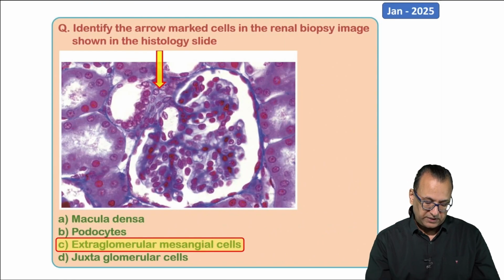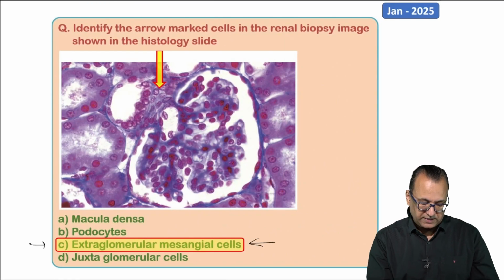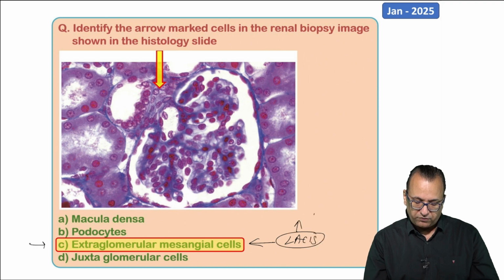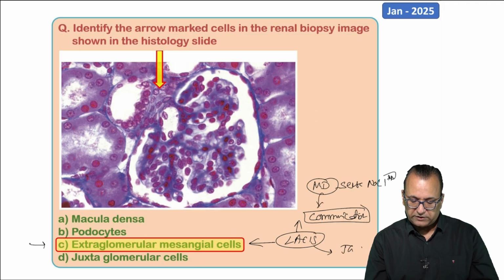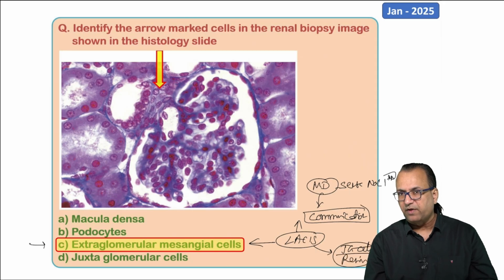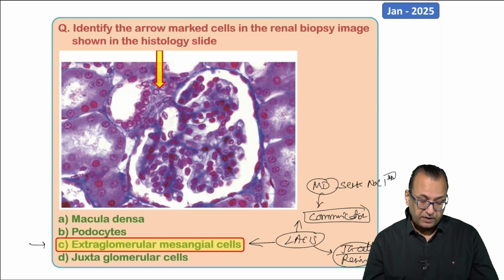It is for communication between the macula densa cell, which will sense the sodium chloride in the glomerular filtrate, and the Lacey cell. The Lacey cell will give it to the JG cell, which will then secrete renin, and you can activate the renin angiotensin system depending upon whether the BP is low or high. You can modulate.